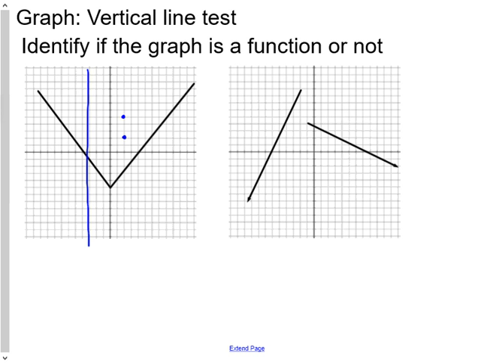That would break this as a function because we're running into more than one point with that vertical line. So what the vertical line is doing is checking to make sure we're only going through one point at a time. We'll kind of color our line here blue. And if I'm going through more than one point on this graph at a time, it's not a function.